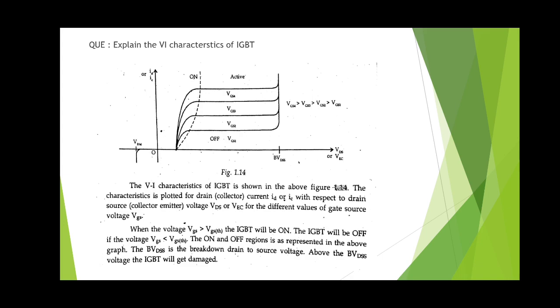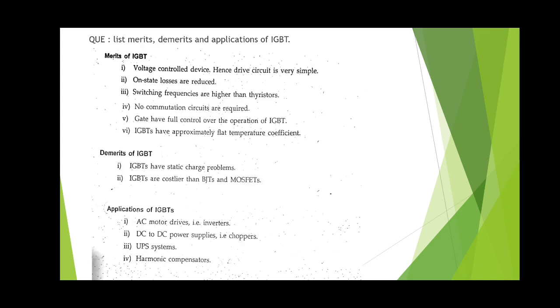So the IGBT will operate in two regions, that is the on region and the off region. The BVDSS is the breakdown drain to source voltage when the gate is open circuited. So this was with respect to the VI characteristics of the IGBT.